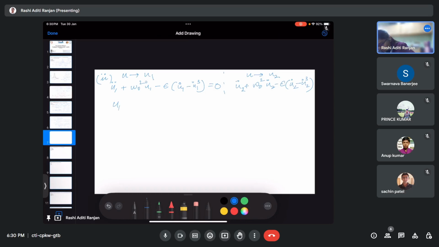It will be u1 plus u2 double dot plus omega naught square u1 plus u2 minus epsilon u1 dot plus u2 dot, and minus u1 dot cube plus u2 dot cube.